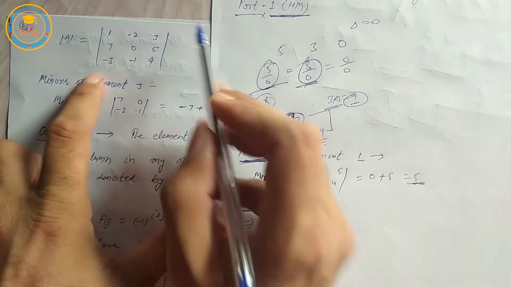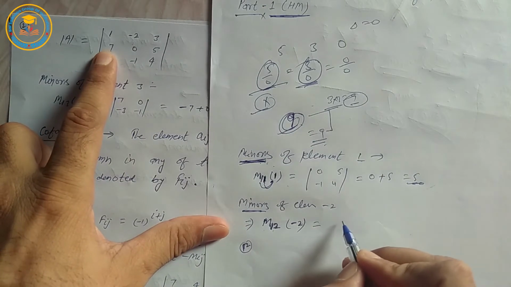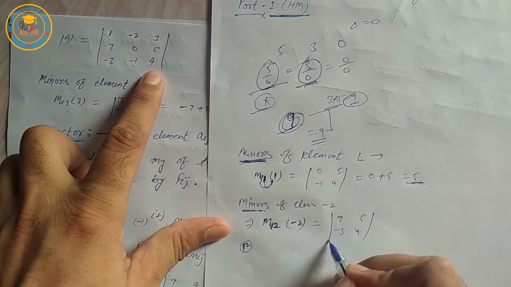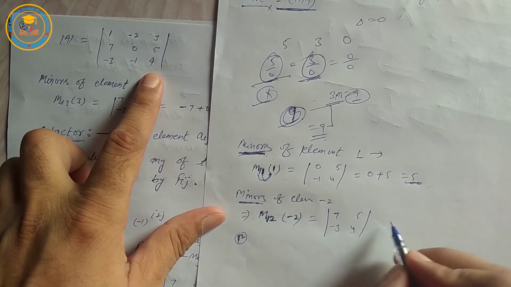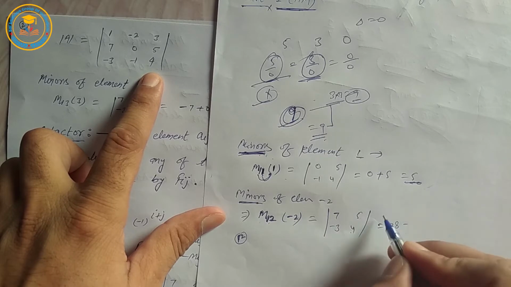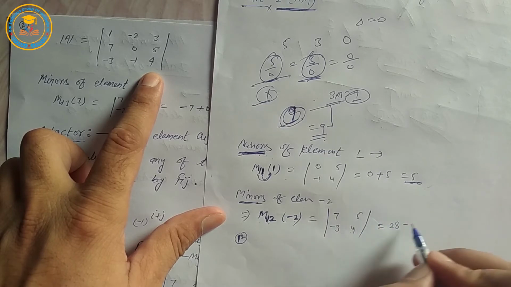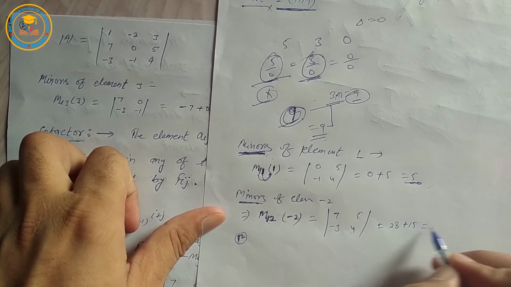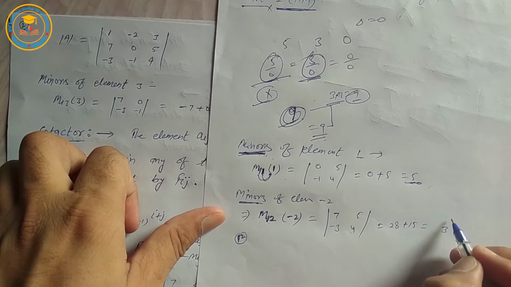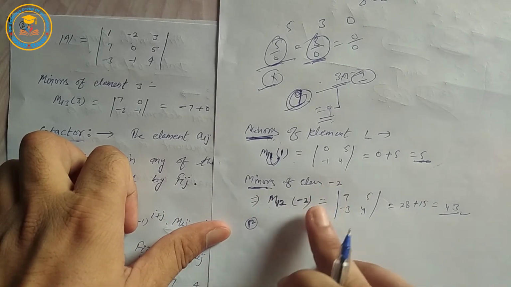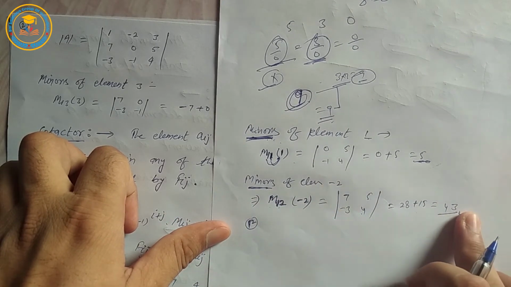After deleting, it is equal to 7, 5; minus 3, 4. 7 into 4, 28. Minus 15, it means plus 15. 43. Minor of element minus 2 is equal to 43.